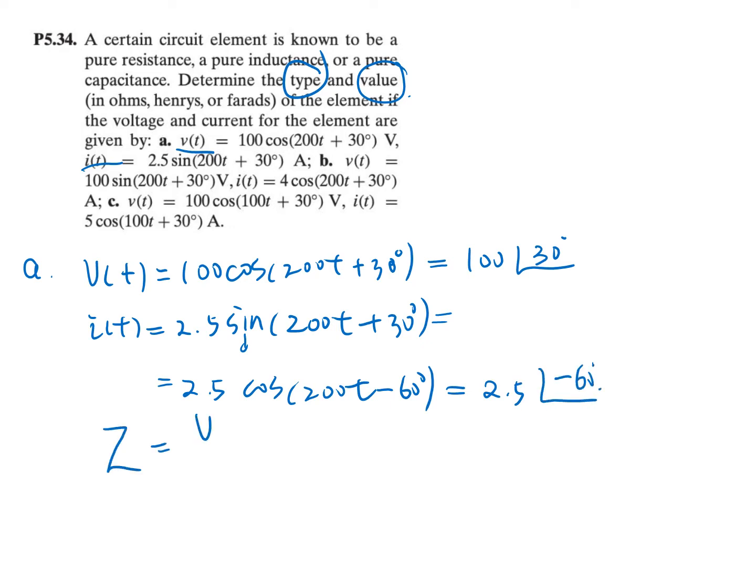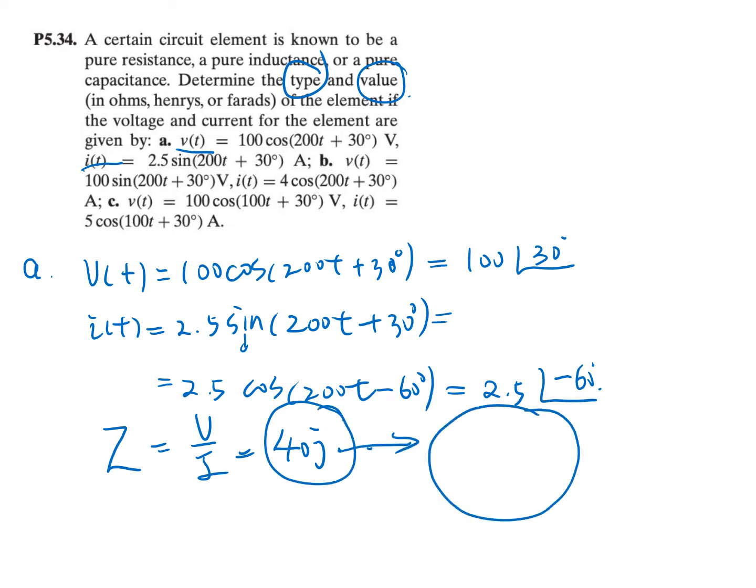So Z is V over I, and substituting the value, we can get that's 40j. And keep in mind, this is a positive, pure imaginary form. So this is an inductor.